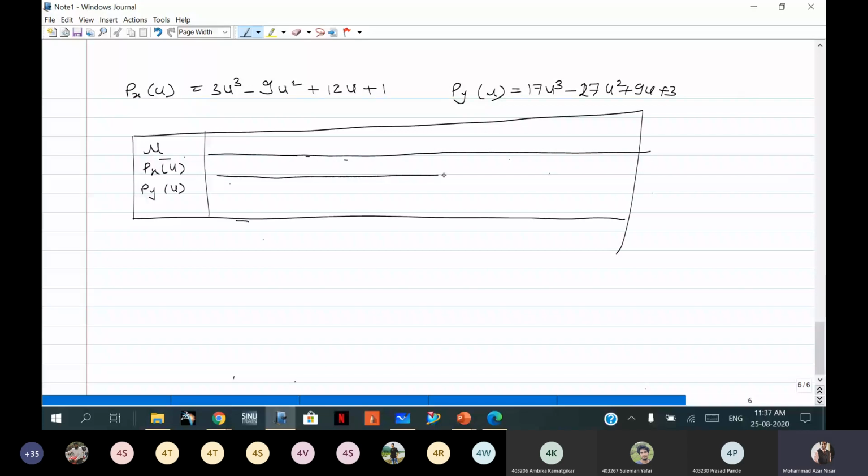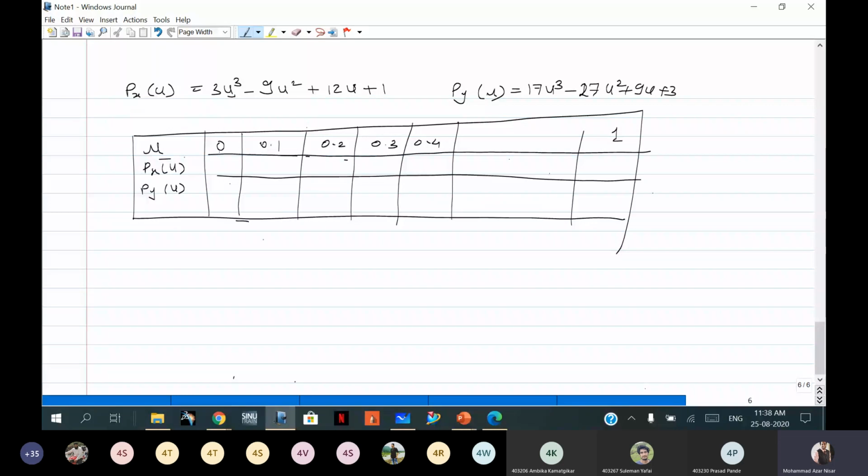Now you have to vary u from 0, then 0.1, 0.2, 0.3, 0.4, and so on up to 1. Make this in this way, up to 1.